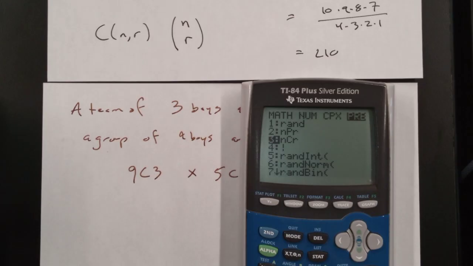I already typed the 9, right? I can just tell it, hey, do nCr, and that second one's 3. That's 9 times 8 times 7 divided by 3 times 2 times 1. Boy, that saved me a lot of work, didn't it?